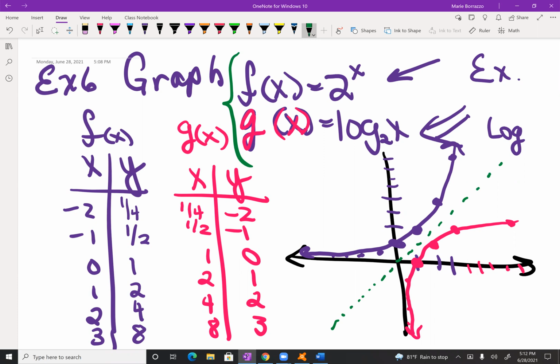So I would always graph the exponential first. And if they want the logarithmic function, then I'll take the exponential and swap x and y, and I've got my graph. Remember I said to you that the 2 is the base? Look at your base.